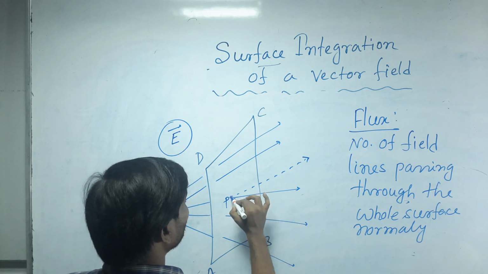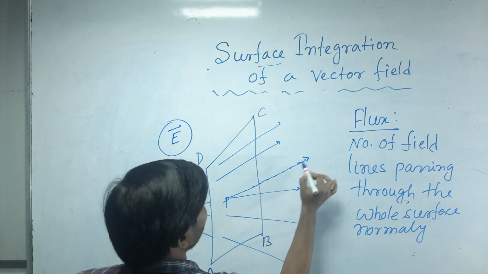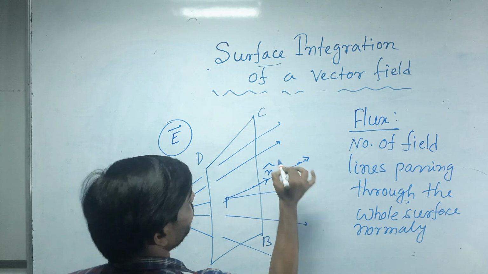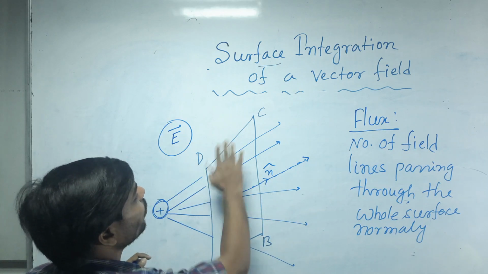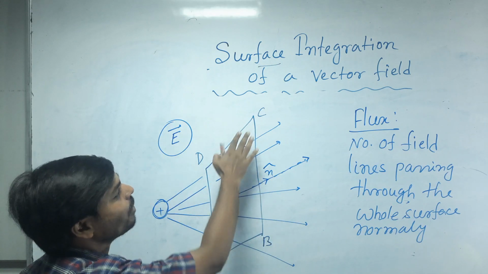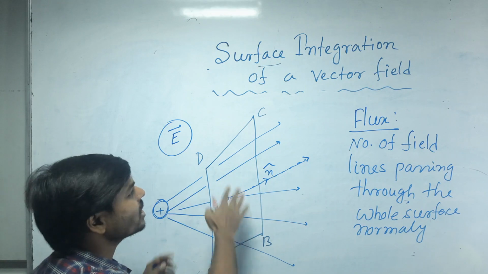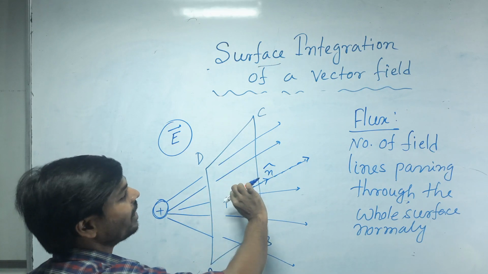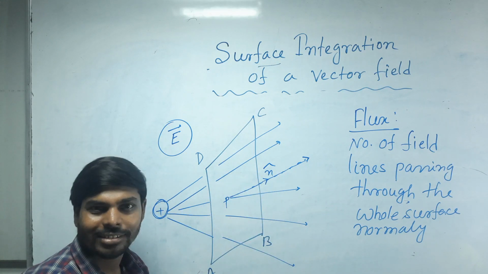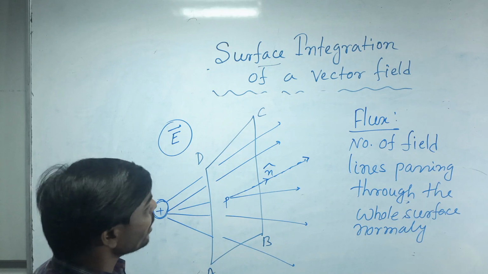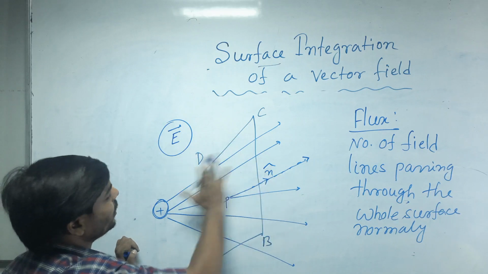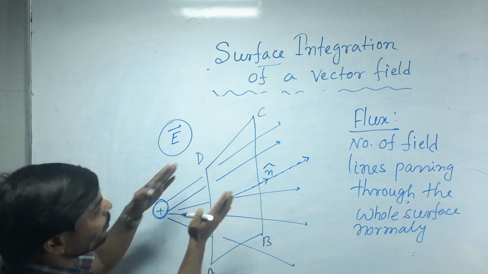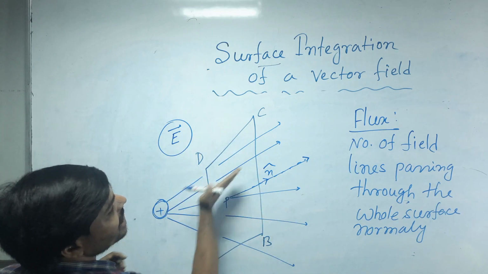If we think along this normal direction, the unit vector is n cap. So what does n cap represent? N cap represents the whole surface. Vectorially, n cap represents this surface, because this surface is right now indicated by its normal. Is it clear? Now what is the flux of these field lines? That is, how many lines are passing normally?